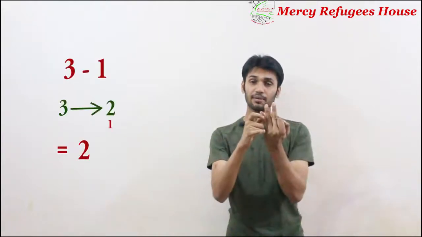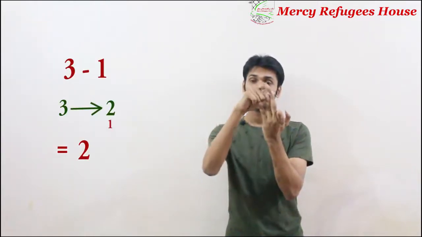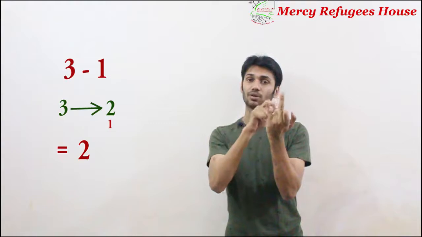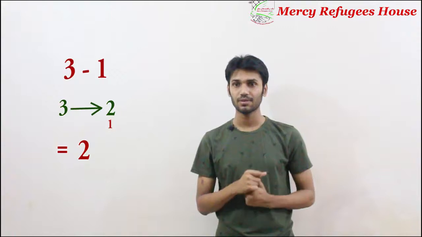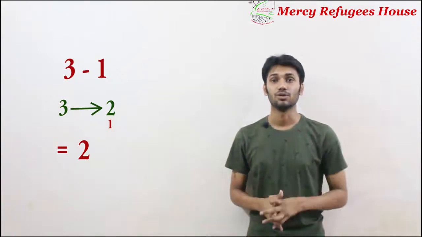That means they should be able to count back their fingers. Now 3 minus 1. So 3, 2. I'm just counting back 1 finger. Now this is how you help the student to do the subtraction using their fingers.